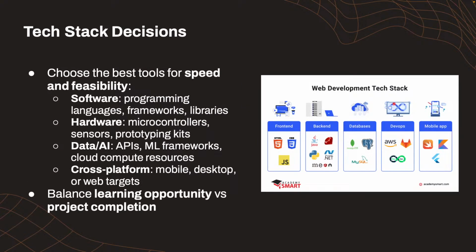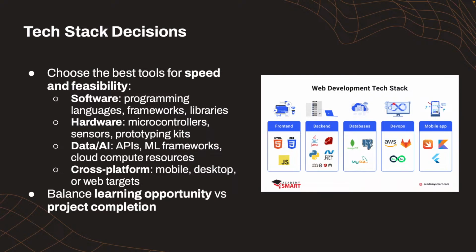So the actual tech stack is basically up to you. There's a bunch of different tools out there, but try to select one for speed and feasibility, especially for doing it during the hackathon period. For example, for software, you can choose programming languages like JavaScript or Python, and there's a bunch of frameworks.